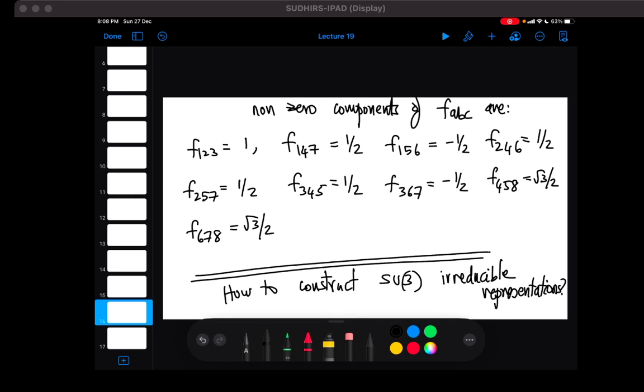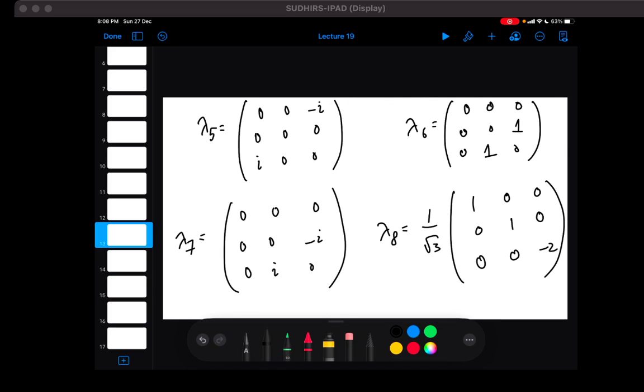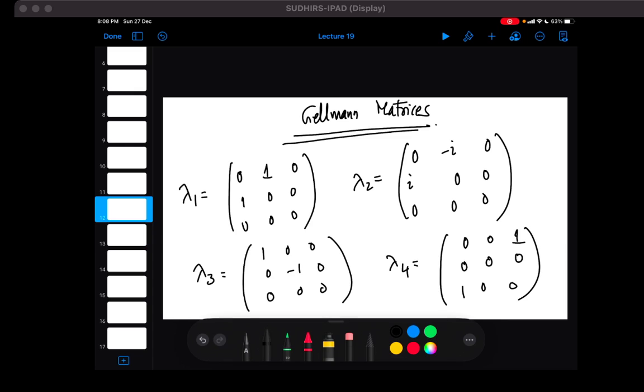Now, for that, we have to see what would be the corresponding labeling operators, and what would be the corresponding raising and lowering operators. If you look at the generators, there are two diagonal generators compared to SU2, which has only one diagonal generator.